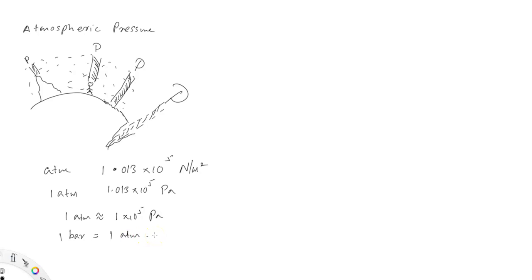So if you know the density of the atmosphere above you and the height of the atmosphere, you can do simple math and figure out what the atmospheric pressure is. With that, I'm going to introduce a few more terms.